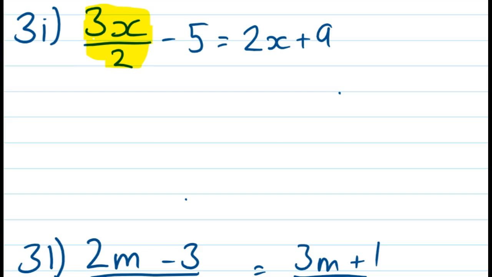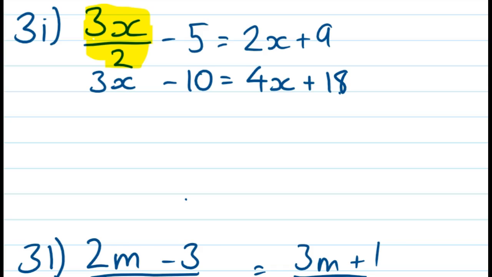Okay, and when I times the 3x over 2 by 2, the half and the 2 cancel, and I end up with 3x minus 10, 2 times 5 is 10, equals 4x, because I've got to times this one by 2 as well, plus 18.